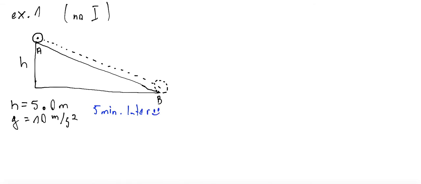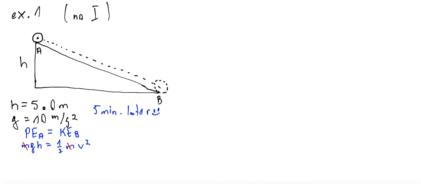Okay, I hope it's simple because you have typical energy transformations. Potential energy at A must be equal to kinetic energy at B. So mgh must be equal to half of mv squared. You can cancel m.